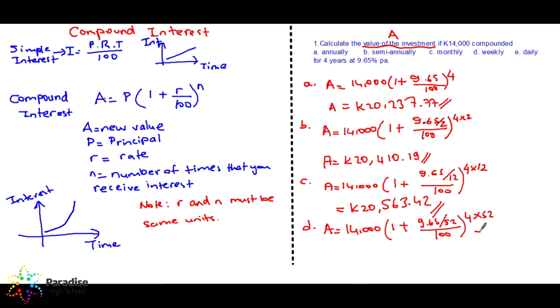So what is the amount of A here, the new value of the investment? So let's type that, 14,000, open the bracket, 1 plus 9.65 divided by 52 divided by 100, close the bracket, to the power of, open the bracket, 4 times 52 and close the bracket.